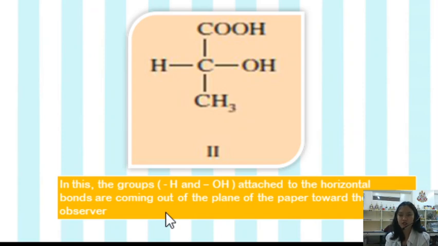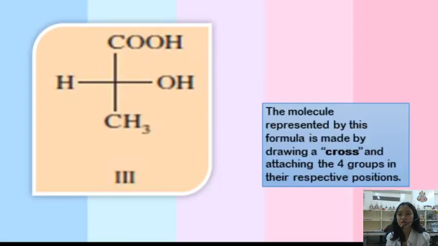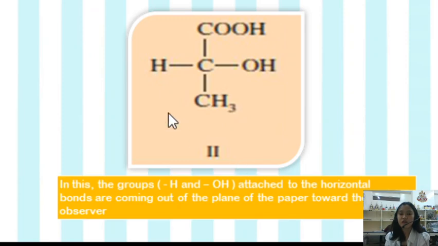Sa Fisher projection formula, when the functional groups are found on the horizontal line, that means that those functional groups, the hydrogen and the hydroxide, are projecting towards the observer. So kapag nasa horizontal, yan ang iyong mga atom, meaning papuntang harap, papunta sa observer.